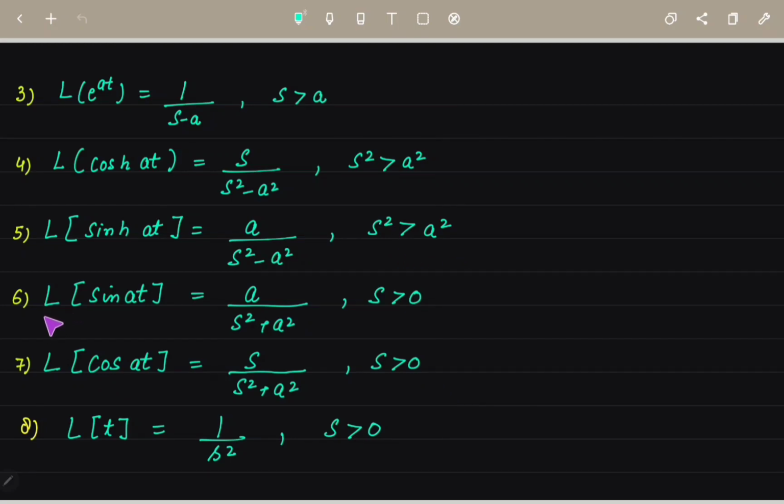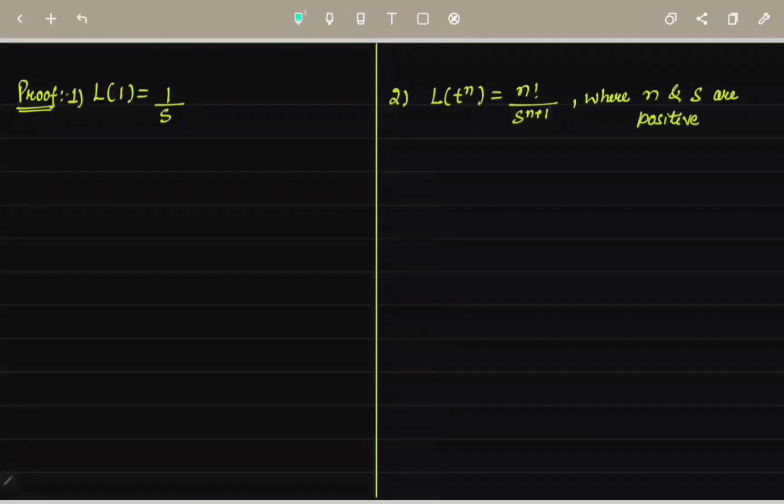Similarly, the Laplace transform of sin(at) is equal to a divided by s square plus a square, where s is greater than 0. Next is the Laplace transform of cos(at), which is equal to s divided by s square plus a square, where s is greater than 0. And the last one is the Laplace transform of t, which is equal to 1 by s square, where s is greater than 0.